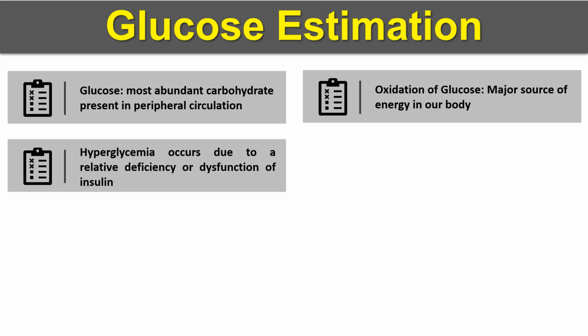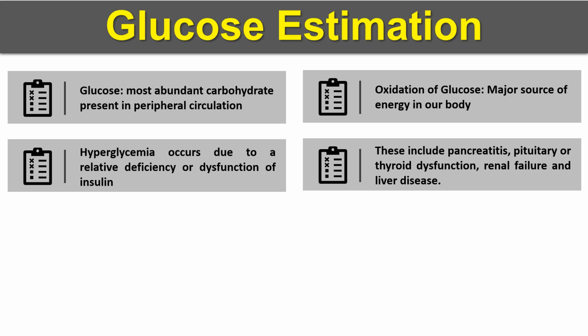Whenever there is an imbalance of glucose in our body, we have two kinds of abnormality. One is hyperglycemia, which occurs due to relative deficiency or dysfunction of insulin. Hyperglycemia means increased level of glucose. It may be caused by pancreatitis, pituitary or thyroid dysfunction, renal failure, or sometimes liver disease.